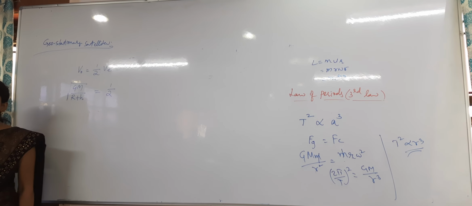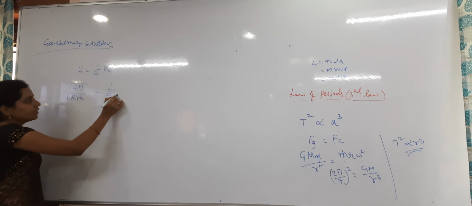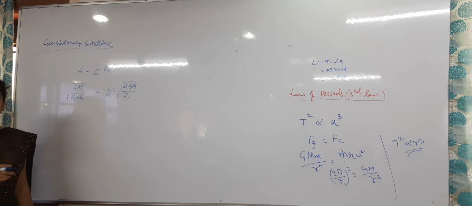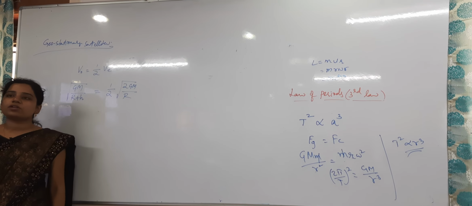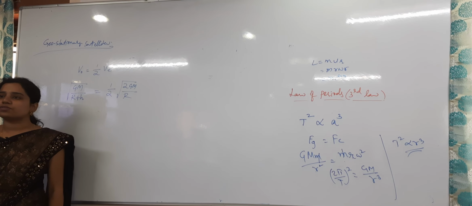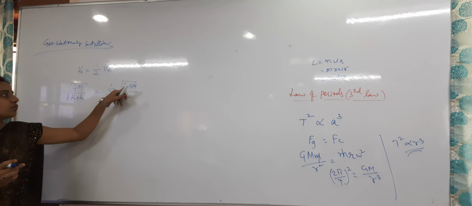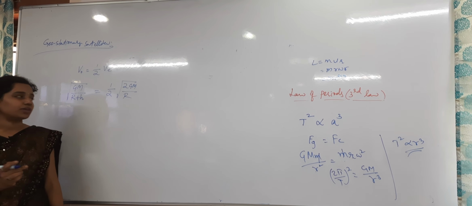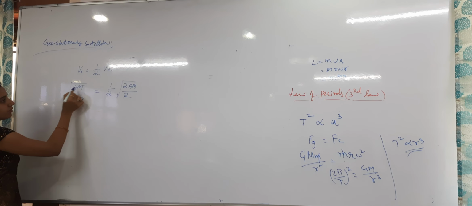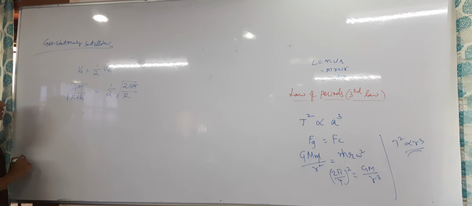Not from the height. From the Earth surface, what will we get? Under root 2GM by R only. If they are projecting from some height, at that time we take R plus h. They are projecting from the Earth surface only. So you have to take under root 2GM by R as the escape velocity. Then whenever I square both the sides, GM gets cancelled.